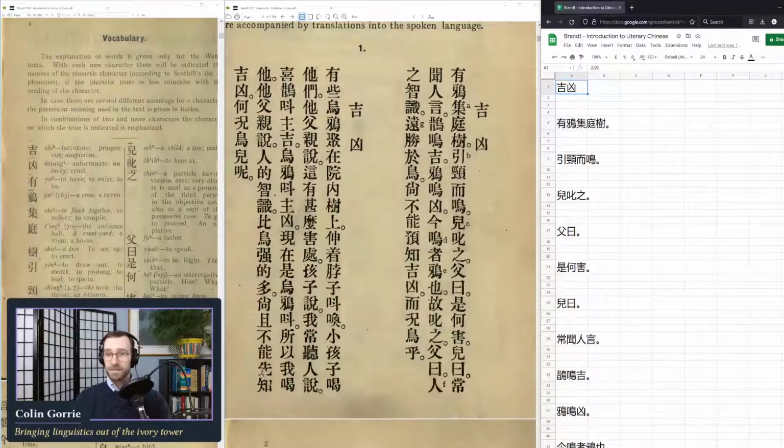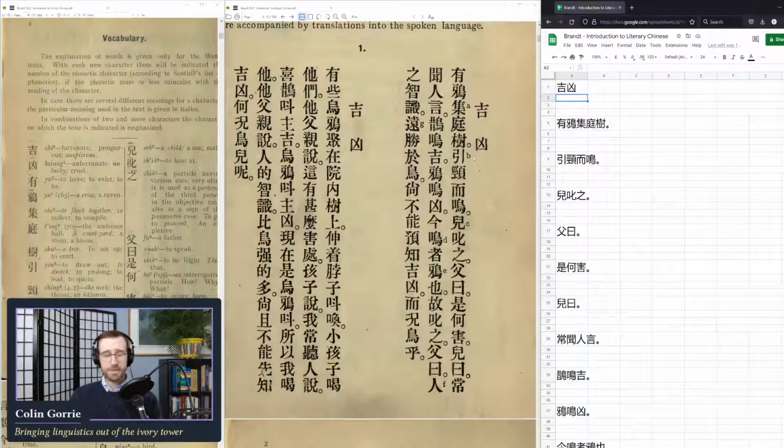The first thing we have is the title of the text, which appears to be, and I'm going to pronounce it in my lower intermediate Mandarin, Ji Xiong, which is written here in the Wade-Giles transcription system, which is not super popular these days. It takes a bit of getting used to, but take my lower intermediate word for it that it's something like Jixiong. So what are we going to translate these as?